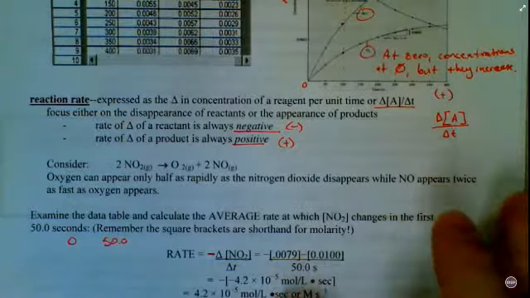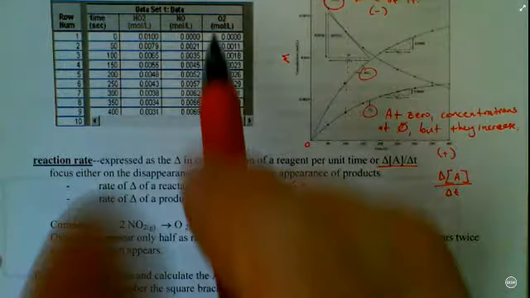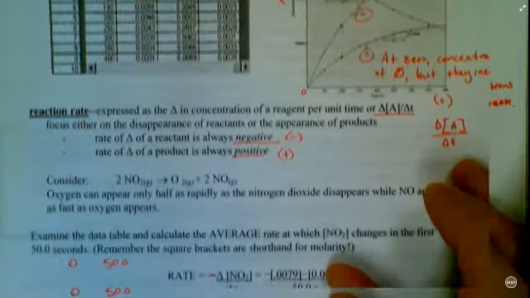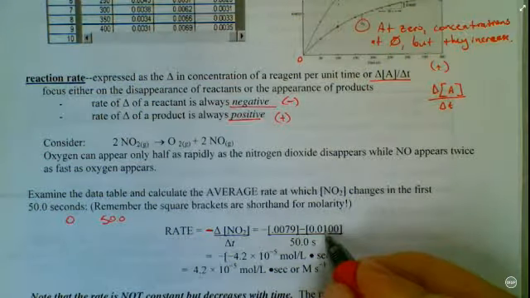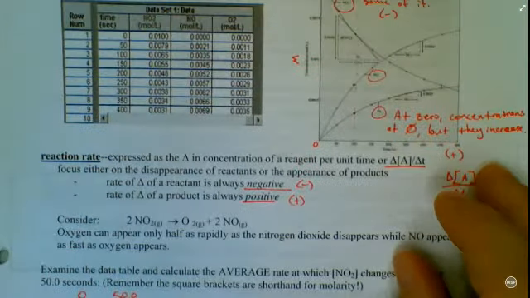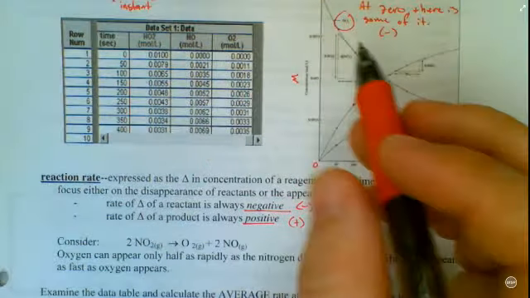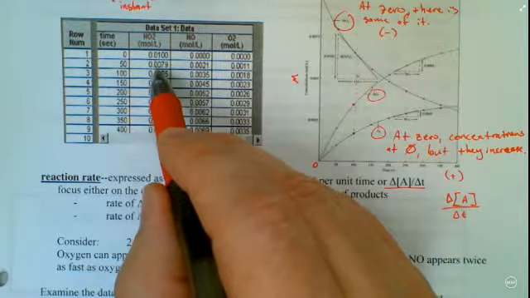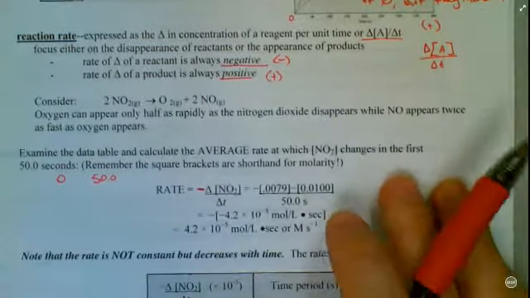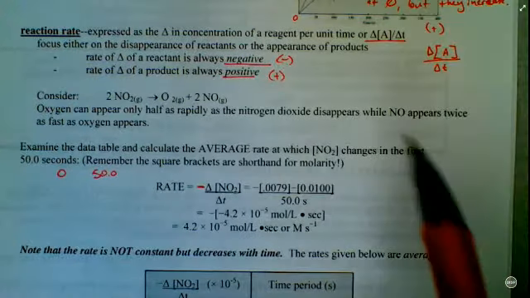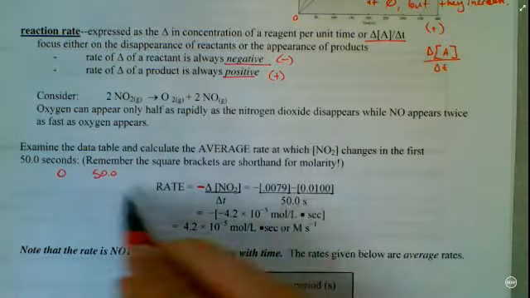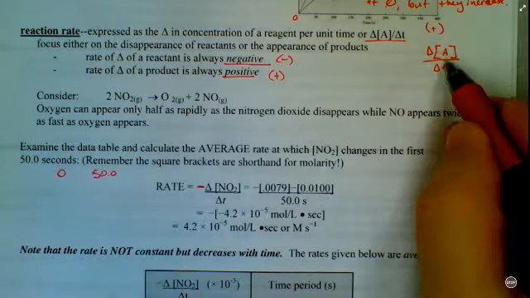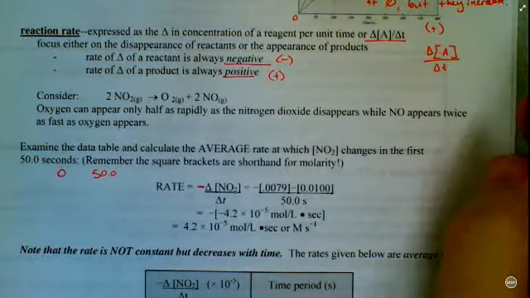What's my concentration at 0? It is 0.01. And then at 50 seconds, 0.0079. And my change in time was 50 seconds, so that's on the bottom. So I am satisfying this format here.